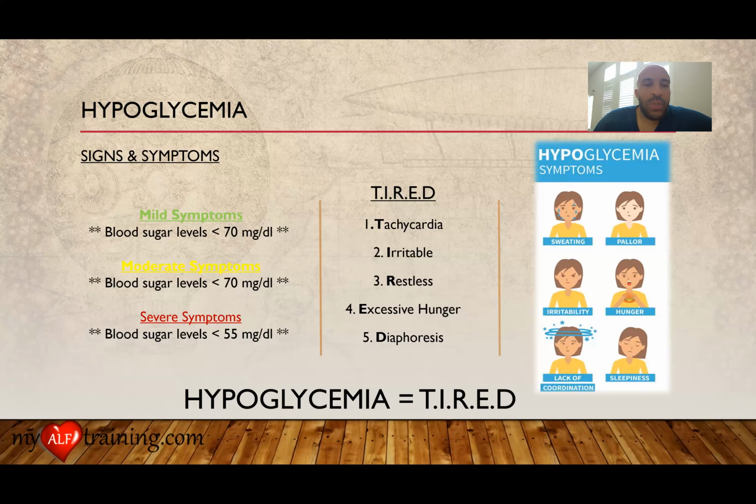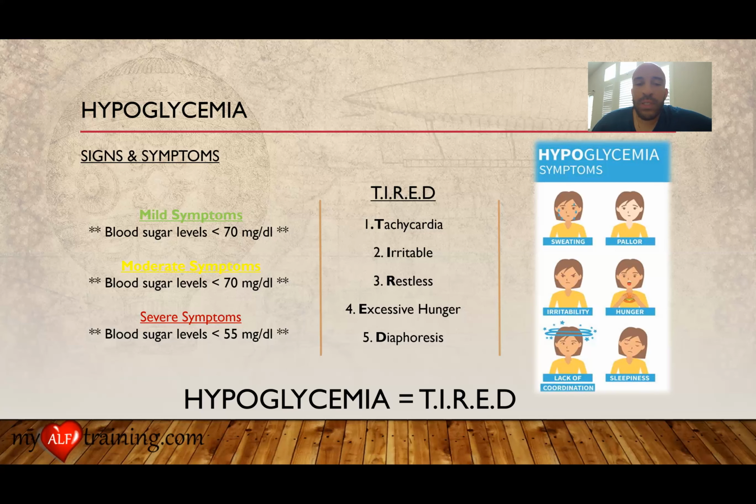But once a patient falls below 55 milligrams per deciliter, that's when you can expect to see more severe symptoms, especially if the patient has been less than 55 for longer than 5 minutes. Of course, the longer the body goes without enough sugar in the bloodstream being transported to the different tissues throughout our body and our brain, these symptoms will become more exaggerated and severe symptoms will set in.